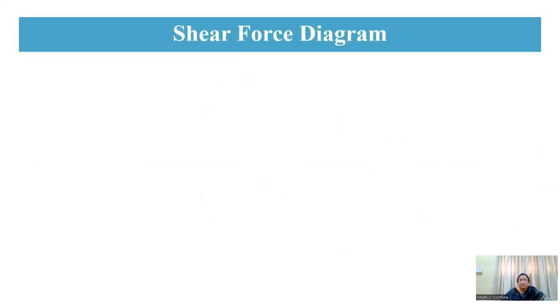Next, we are going to see the shear force diagram. So for the shear force diagram, again I'll draw the figure. So this is A support, B support, C support, and D support.